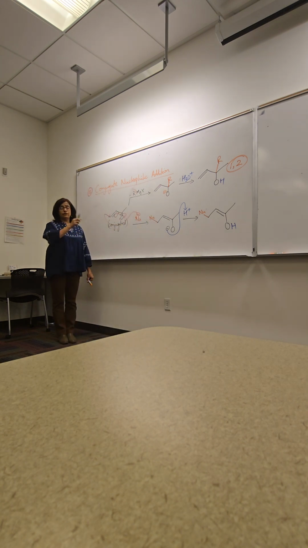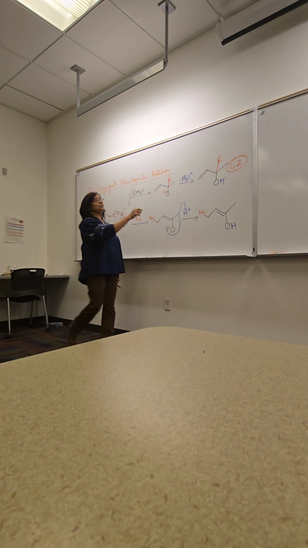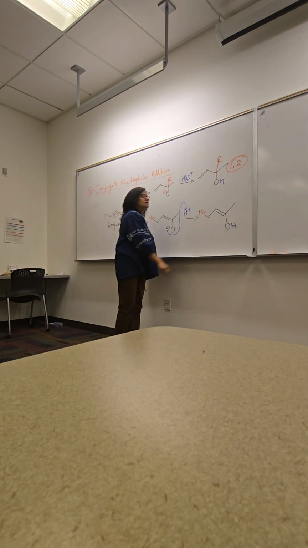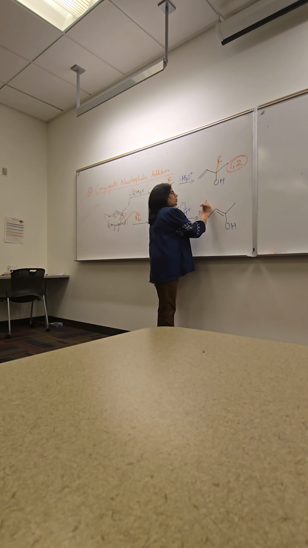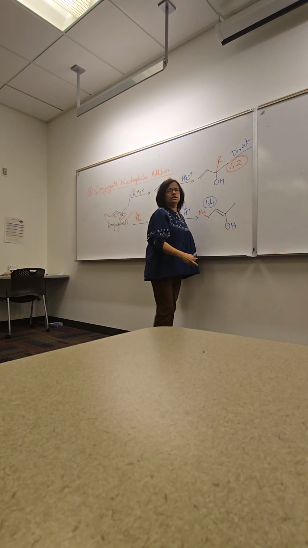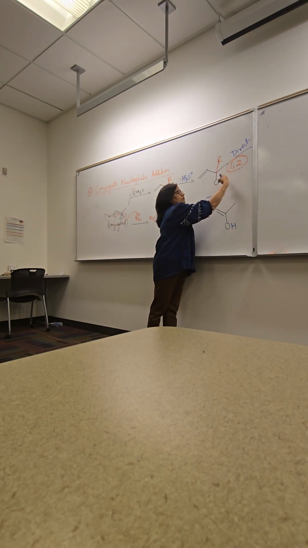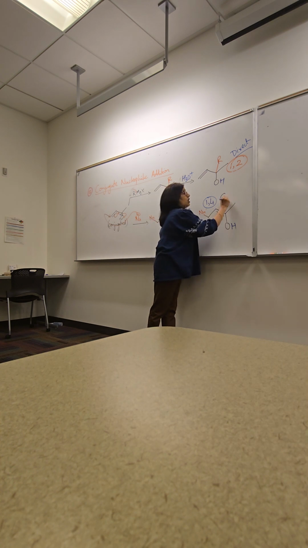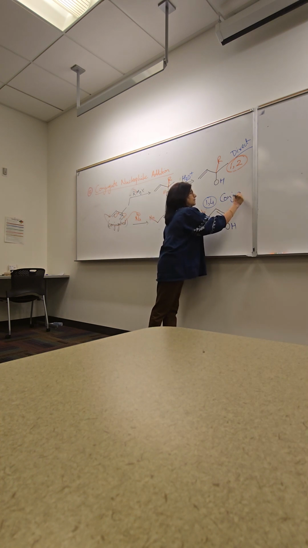So if we were using numbering, that was 1,2 addition. What would you call this? Exactly, 1,4. This is 1,4 addition. 1,2 is a direct addition: nucleophile to the carbon, proton to the oxygen, direct on one pi bond. This is conjugate addition.